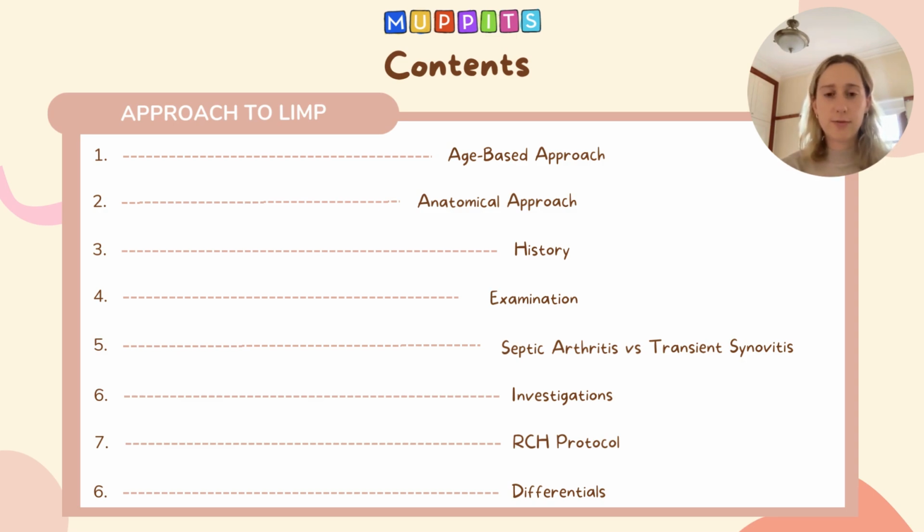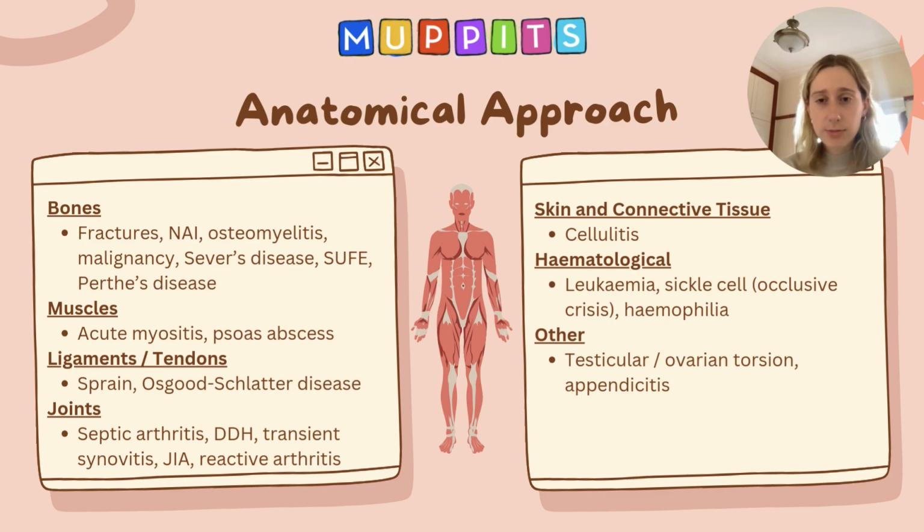We'll just walk through the Royal Children's Hospital protocol for a child with a limp, and then look at some differentials to finish off. So the anatomical approach is one framework that you might prefer to use when thinking about an approach to limp. So this is a systems-based approach or a top-to-toe approach.